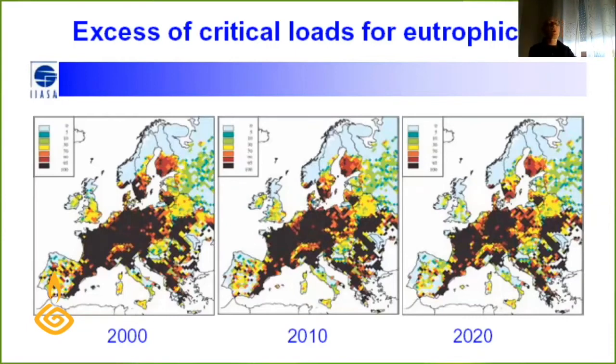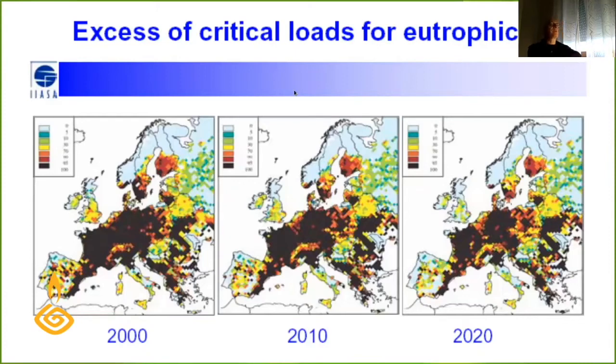Then we started to experience another type of pollution by nitrogen, causing eutrophication. This is a model, now it's updated because I used this slide only 20 years ago. And you see, there was no positive projection, no real improvement across the years. And indeed, the situation is more or less like this. So nitrogen pollution has not improved in Europe.